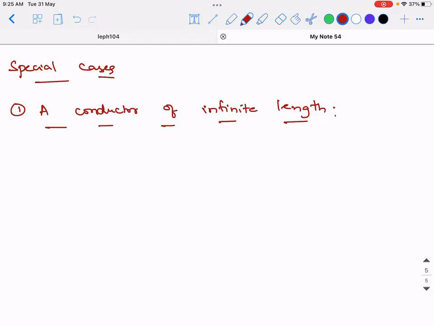Finite length is the derivation. This is also an application. Mostly we'll be using only infinite and semi-infinite.